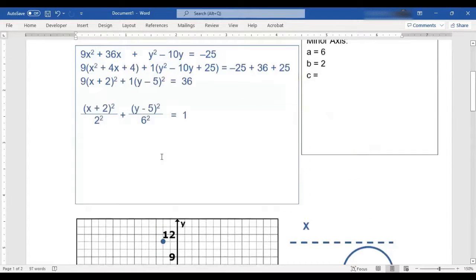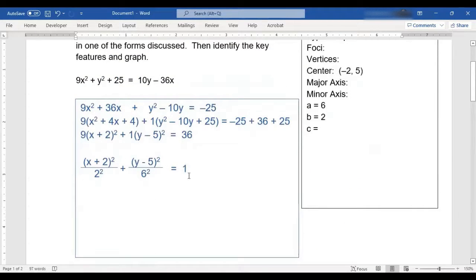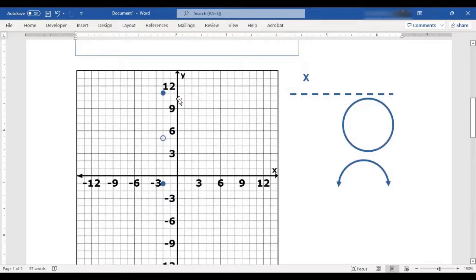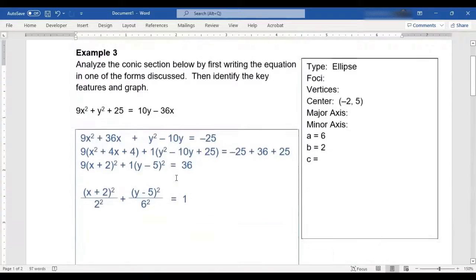Okay, so the equation does tell you whether you need to go up and down for the vertices or left and right. So since we plotted those vertices, let's go ahead and state the coordinates. So 9, 10, 11. So we are at (-2, 11) and (-2, -1).